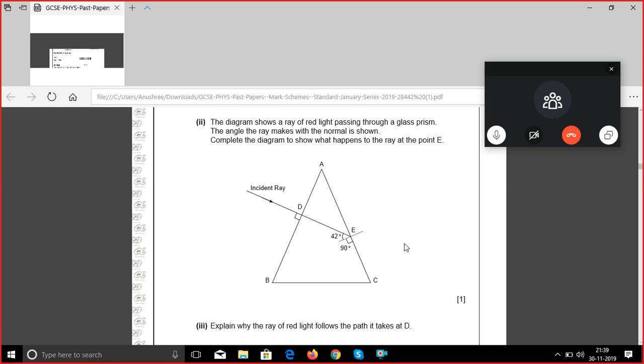Because glass is denser, air is less dense. So when it is moving from a high density area to a low density area, it moves away from the normal. Whereas when it's entering from rarer to denser, that means from air to glass, then it will bend towards the normal.